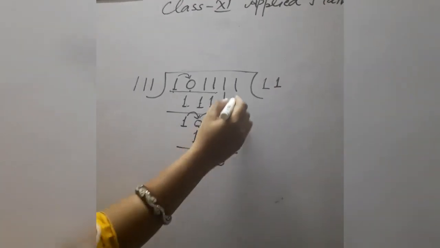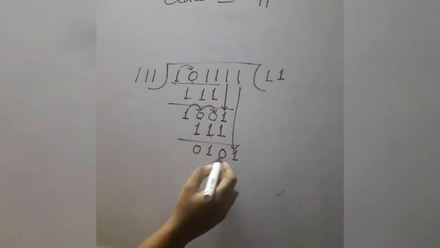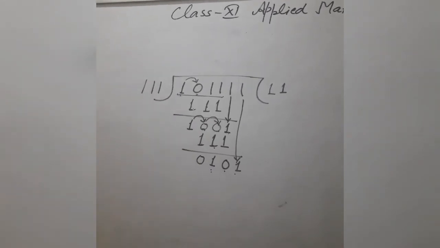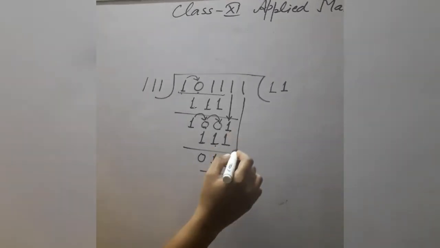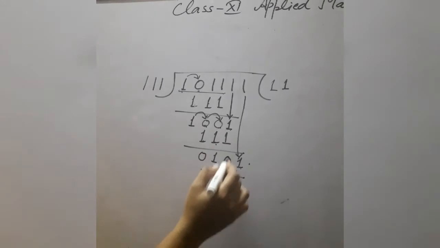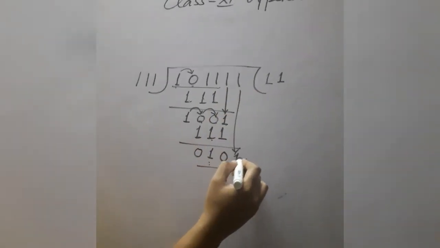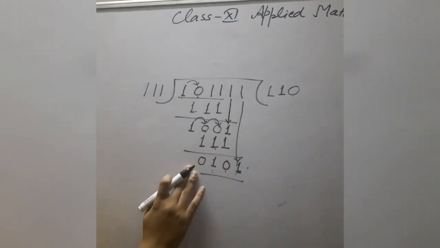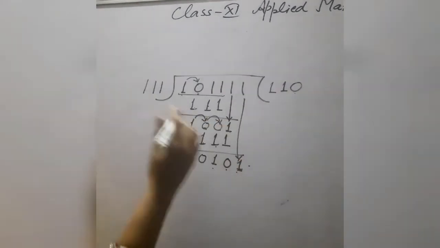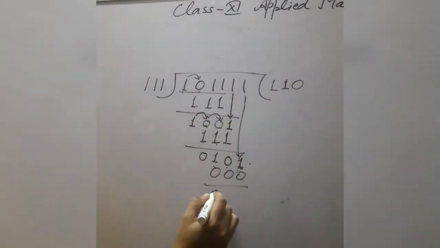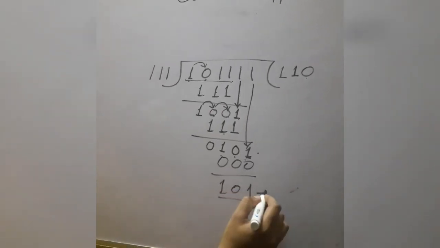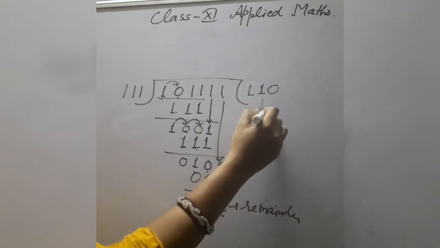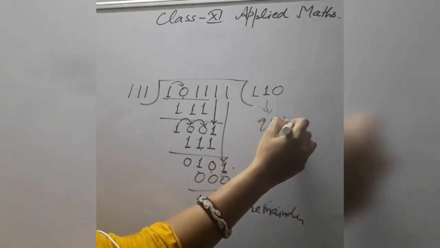And now if you take this 1 here, this number 1 0 1 is smaller than 1 1 1, so that's why this will be the value of the remainder, and this is not divisible by this. After taking this 1 here, you will write down 0 for this 1, or you can multiply it by 0, it will be the same. This is the value of the remainder and this is the value of the quotient in case of division.